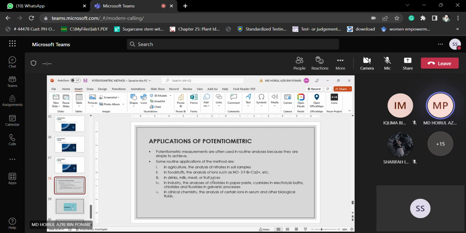Apart from that, we also have instruments that analyze chloride in paper paste, cyanide in electrolyte baths, and chloride and fluoride in galvanic processes.